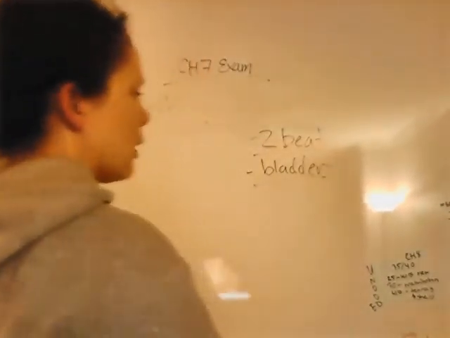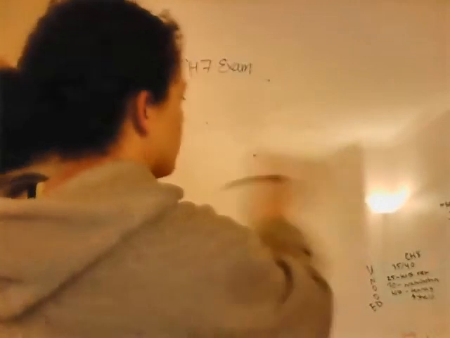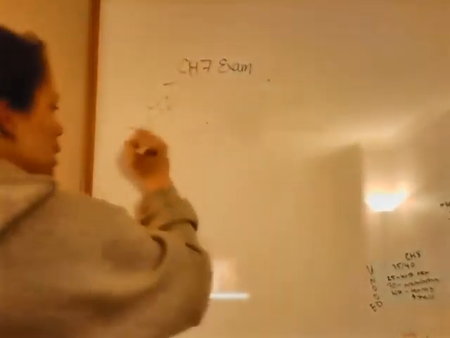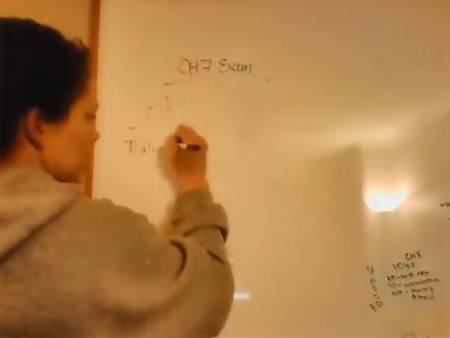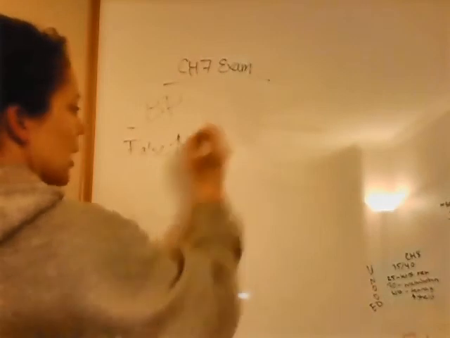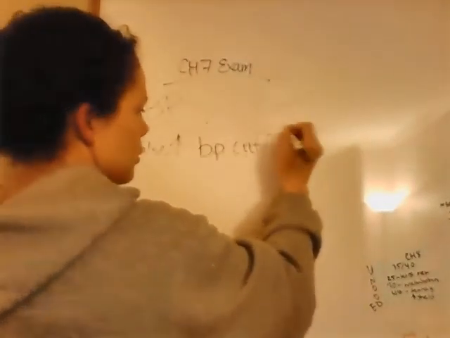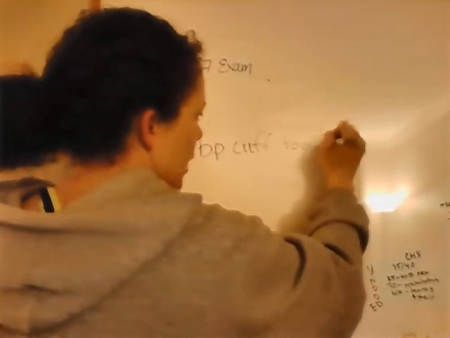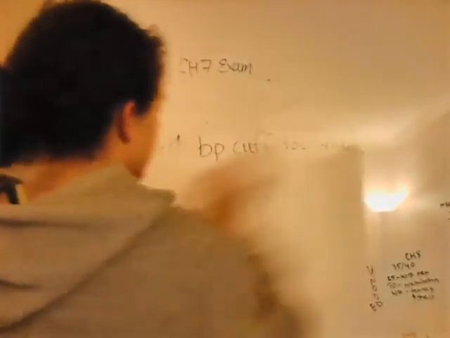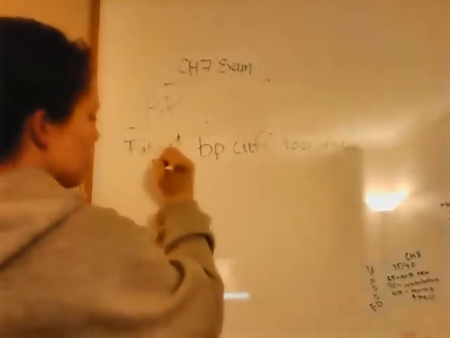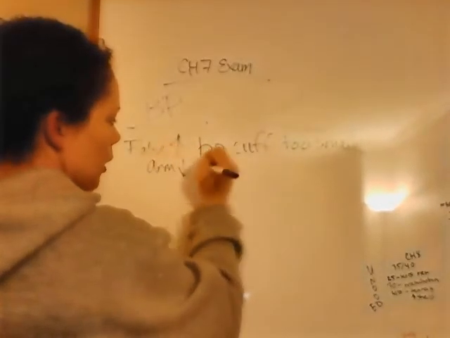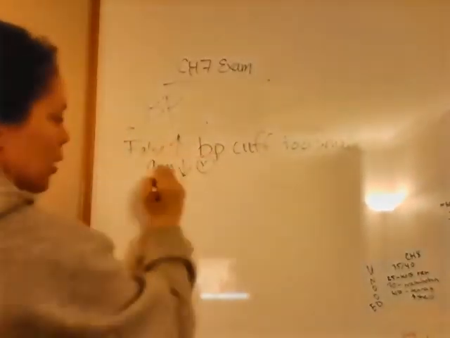Alright. Now, false readings. What would cause a false high? False highs can be caused by a blood pressure cuff that's too small. It can be caused when the arm is below the heart, because the body has to work harder, or when the arm is not supported.